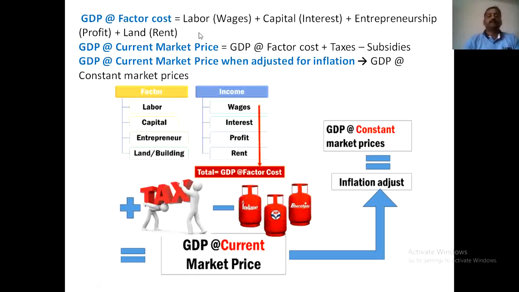A person X who is working in a company Y earns some salary from that company Y. So that is wages. Suppose he earned 1 lakh rupees per month. Out of 1 lakh rupees per month, he deposited 50,000 per month into the bank. So by depositing 50,000 per month, he is earning some amount of interest.